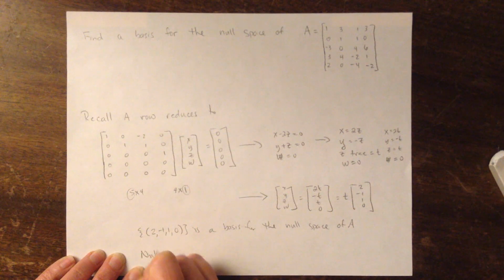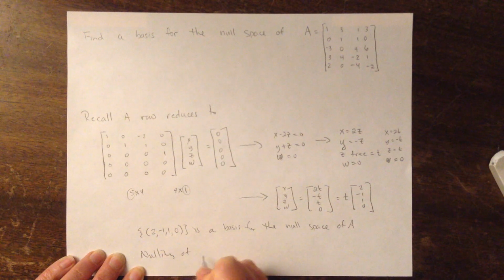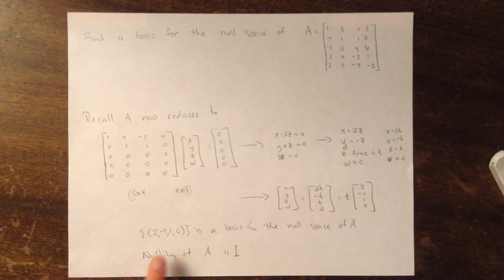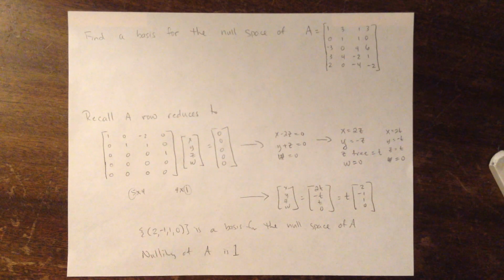And so the nullity of A is 1, because there is only one vector in the basis for the null space. And so the dimension of the null space is 1, and by definition, the dimension of the null space is the nullity.